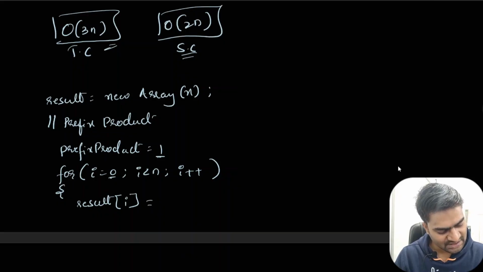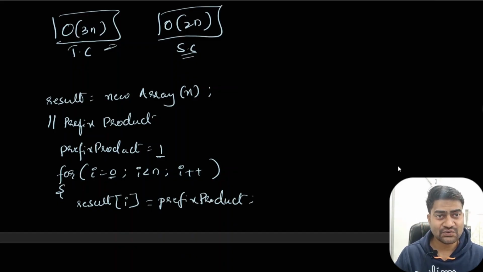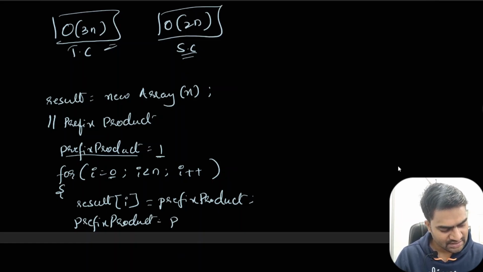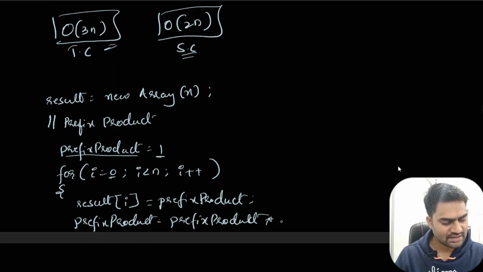So it will be our prefix product. After this I need to find the next prefix product, right? So I need to update this value. My prefix product will be the current prefix product multiplied by nums of i.